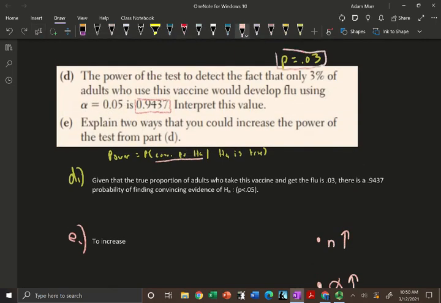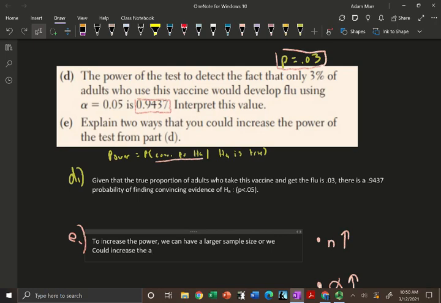We can't change that, but we could change the other 2. So to increase the power, we can have a larger sample size, or we could increase the alpha, the significance level.